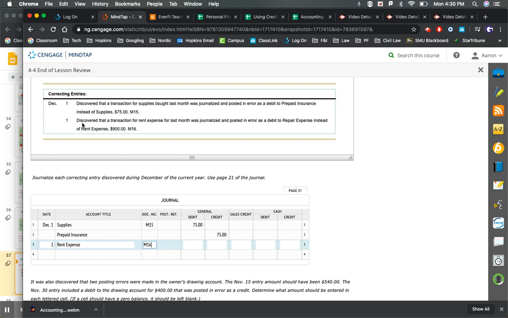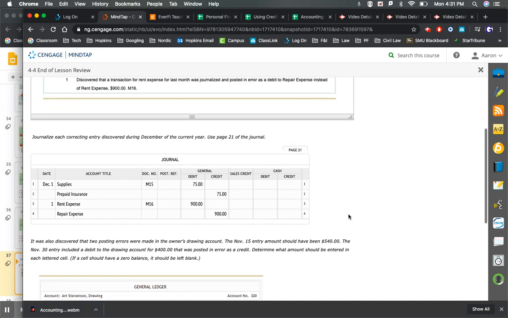So we need to increase rent expense by $900. So we're going to debit that for 900, not 9,000. So debits increase expenses, and so we have increased rent expense, and then we need to credit or decrease repair expense for $900 there. And we are all good.